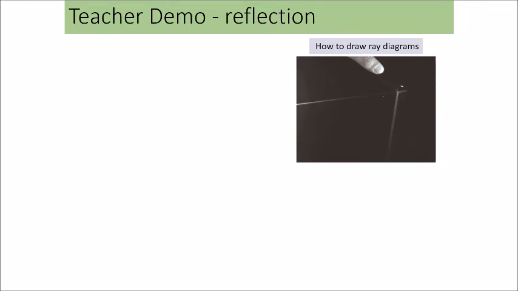What I'm going to do in a minute is show you how we can draw an angle of reflection. For this, all you need is a light source with a single ray and a reflective surface like a small mirror and a piece of paper.